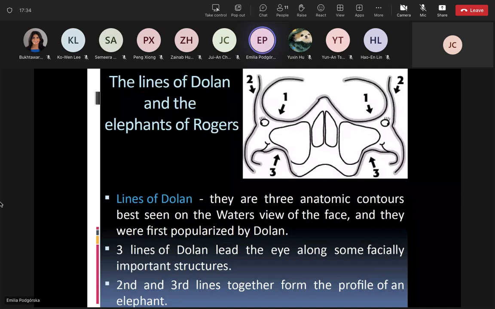Lines of Dolan are four anatomic contours best seen on the Waters view of the face, and they were first popularized by Dolan. Three lines of Dolan lead the eye along some facially important structures. Second and third line together form the profile of an elephant.